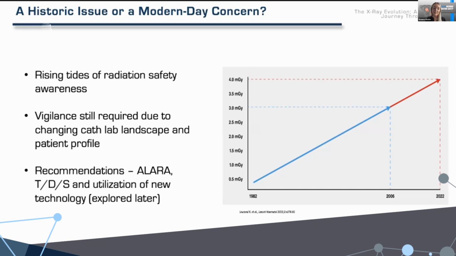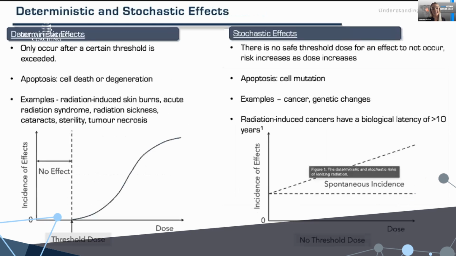In 1982, the average yearly dose was 0.5 milligray. That has now gone up to 4 milligray, despite the X-ray equipment advancing. So when we think about the risks associated with radiation exposure, we can break them down to deterministic and stochastic.